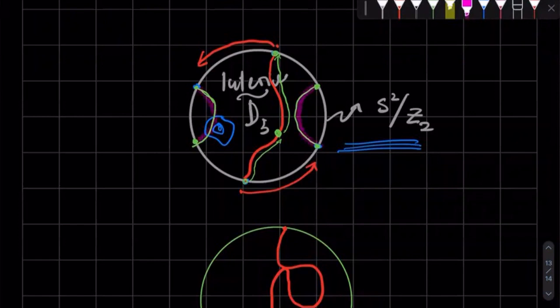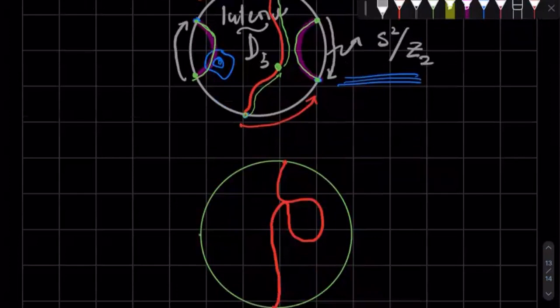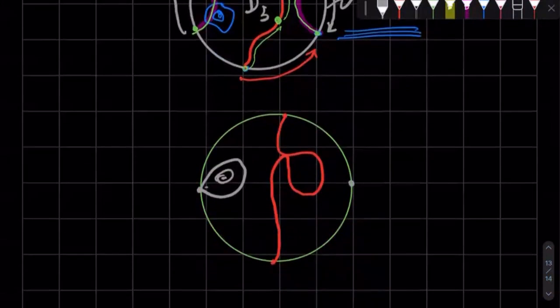This is also a closed curve. But this closed curve can be shrunk to a point because this point can be moved to this point. And when these 2 points are the same, you just have this thing, and then it can be shrunk to a point.